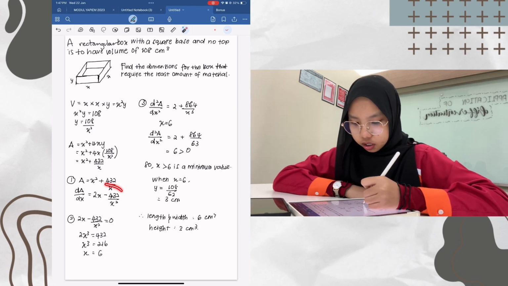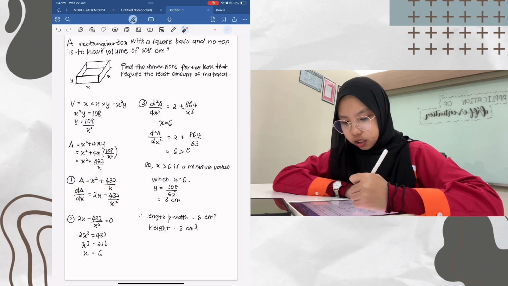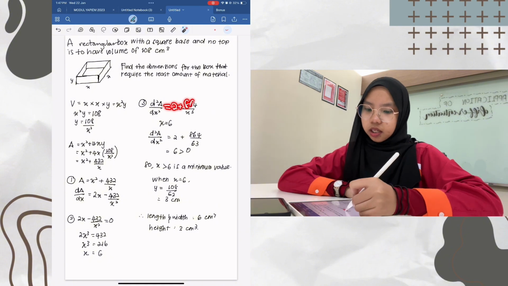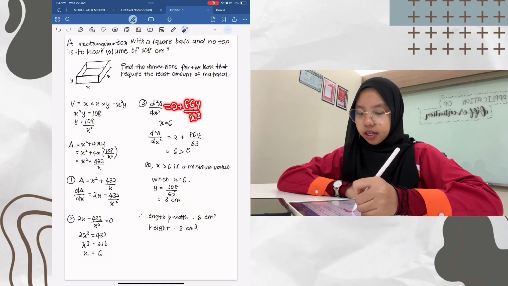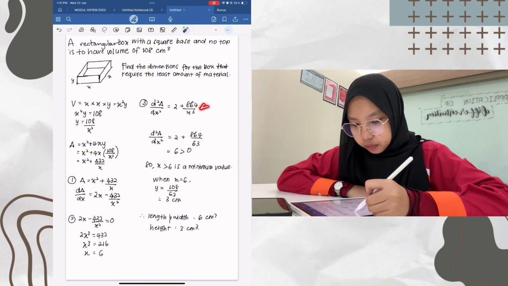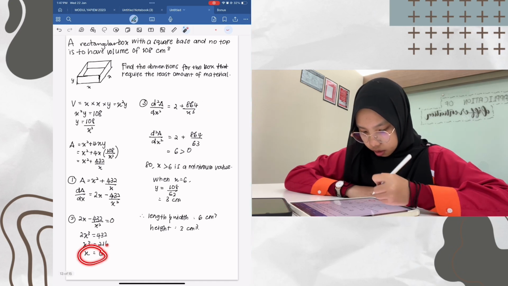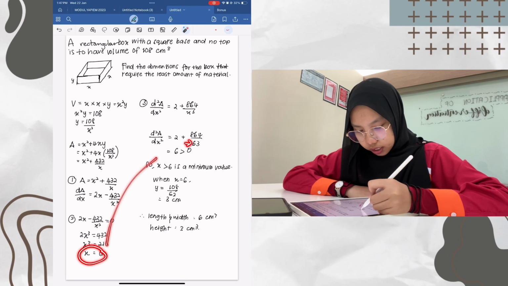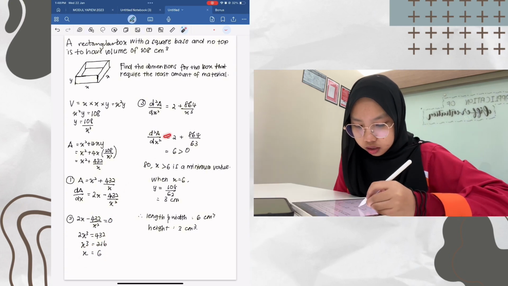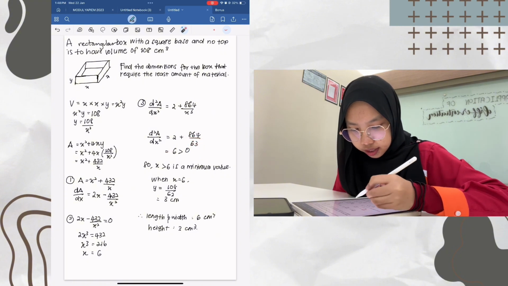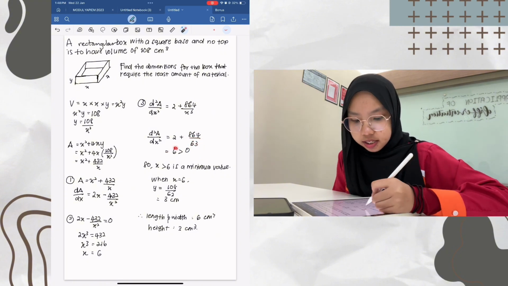From this, we will do the second derivative test, and then we get 2 plus 864 over x cube. We substitute the value of x here, and then we get 2 plus 864 over 6 cube, and we get the value 6.